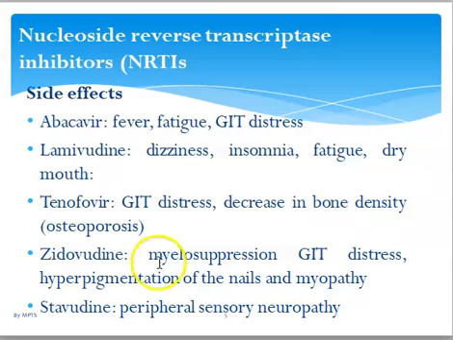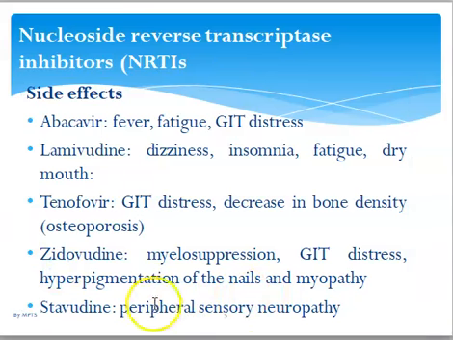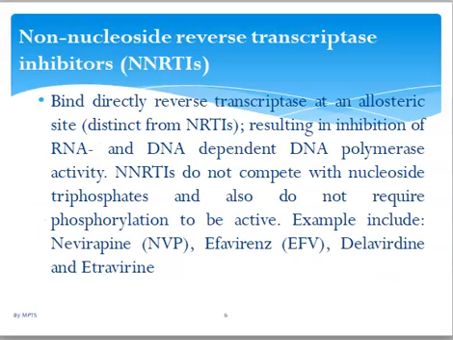Now, zidovudine can cause myelosuppression, GI distress, hyperpigmentation of nails, and myopathy. Stavudine can cause peripheral sensory neuropathy. I'm sure you have more side effects or more information.